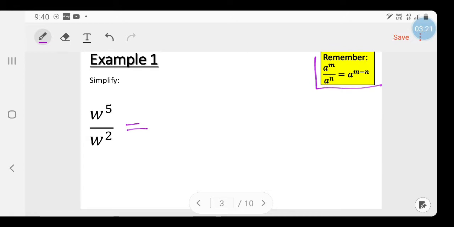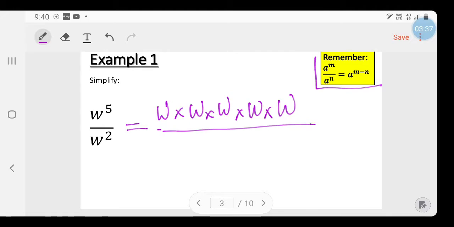So, w to the power of 5 divided by w squared. Well, w to the power of 5 in expanded form looks like this. 5 w's with multiplication signs between them, over w squared, which is w times w.